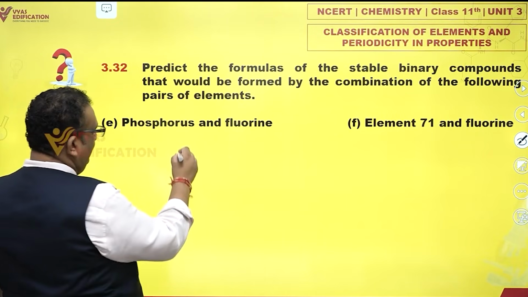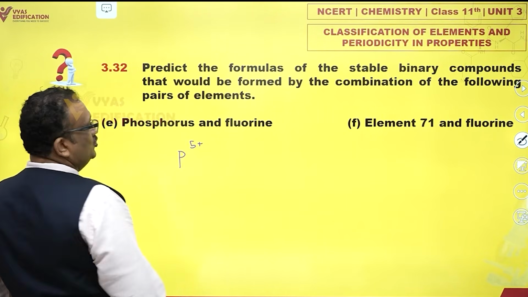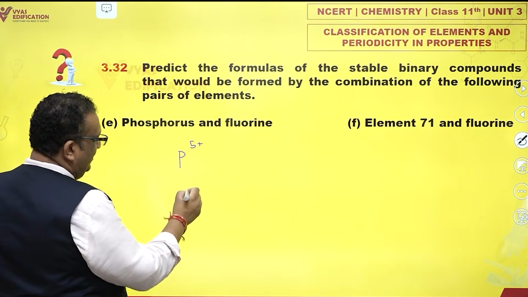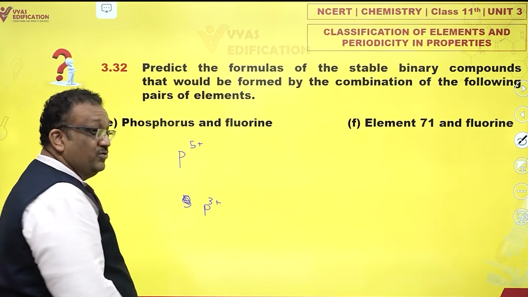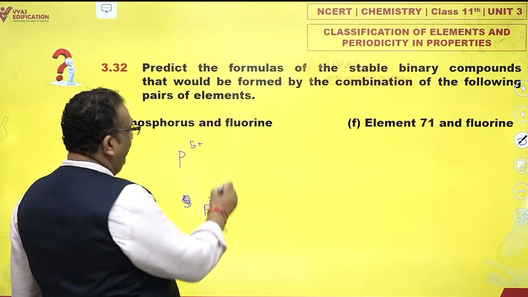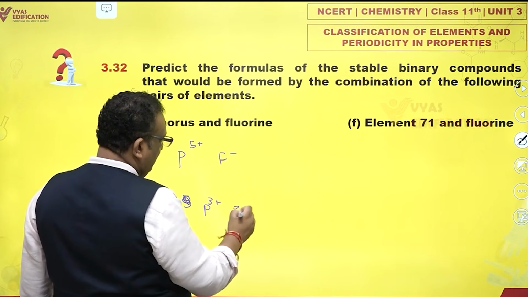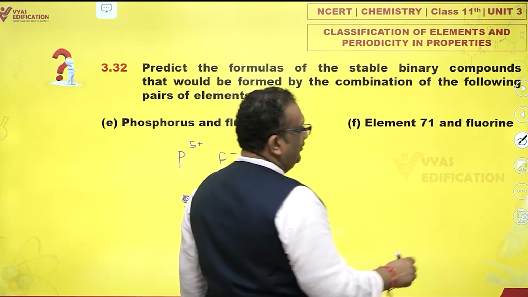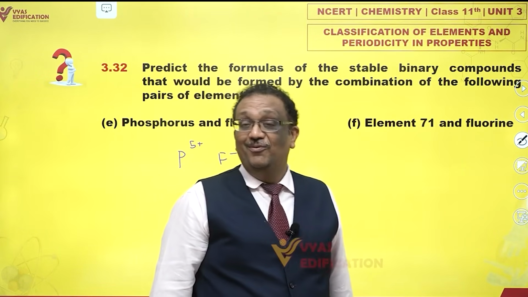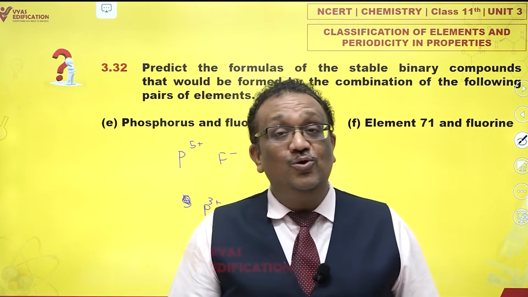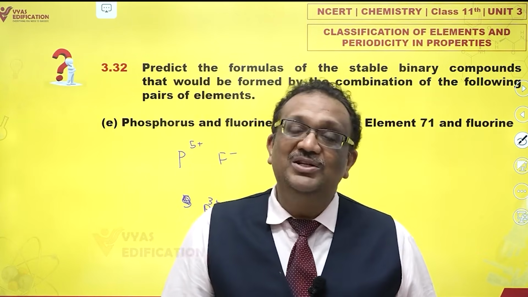Phosphorus and fluorine. Phosphorus goes to +5 as well as +3. Phosphorus shows a variable valency and fluorine shows just -1. Element 71 and fluorine. Now this gets even more interesting. You would need to locate where exactly is element 71.